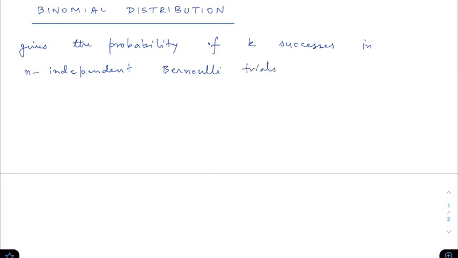In each trial, having a probability p of success.